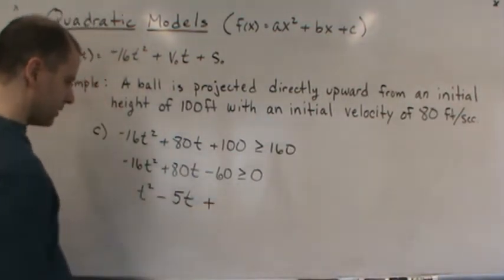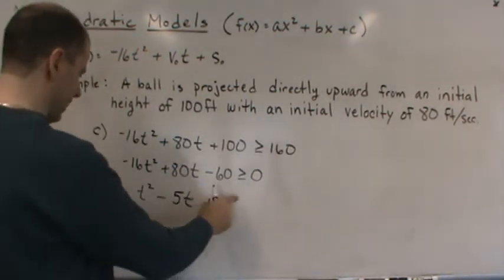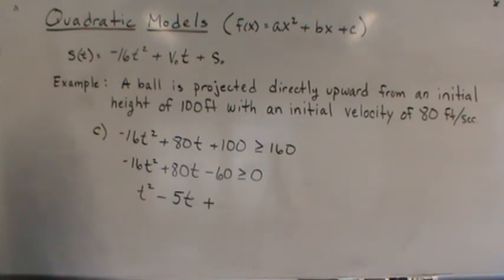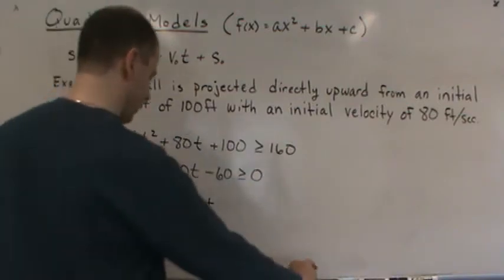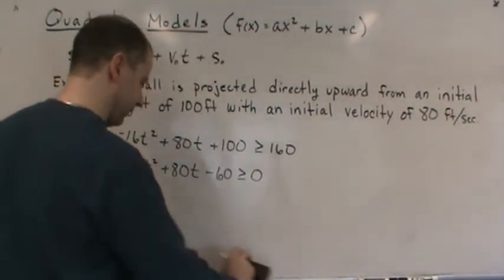This is going to become plus. Okay, how many times does 16 go into 60? Nope, it doesn't work. That's 64. I thought I was going to get onto something. That's not going to work.